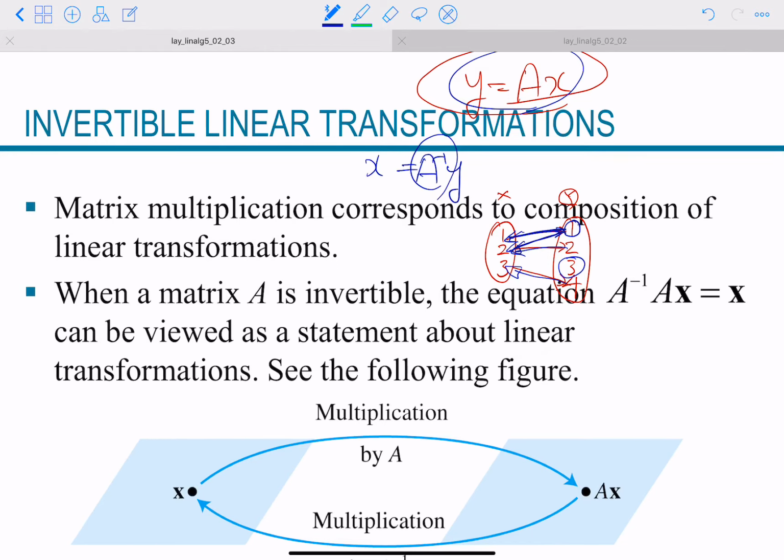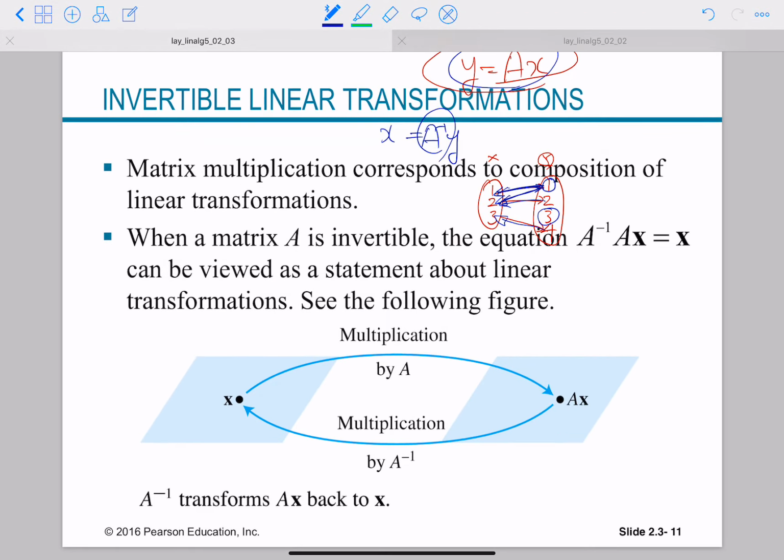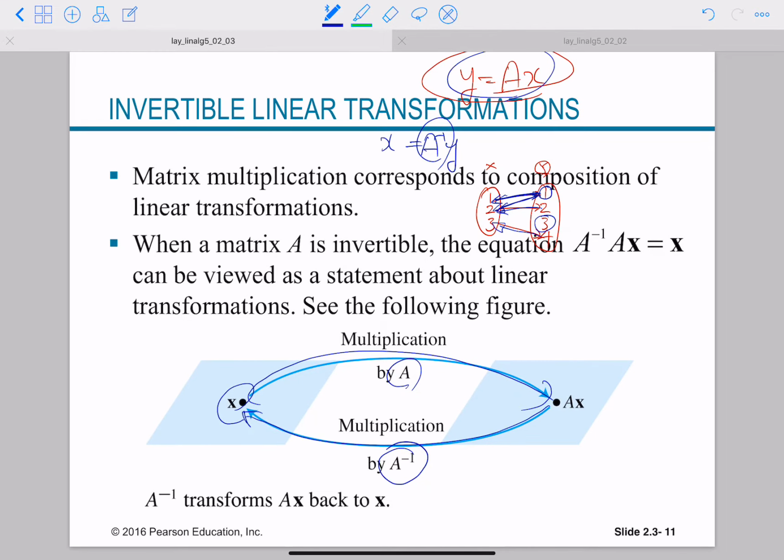So this guy is the inverse mapping. Some vector is transformed or mapped by our matrix A, and if A is square and invertible, then its inverse mapping is defined because this mapping is 1-to-1 and onto, and that inverse mapping is defined as A inverse. It's quite obvious.